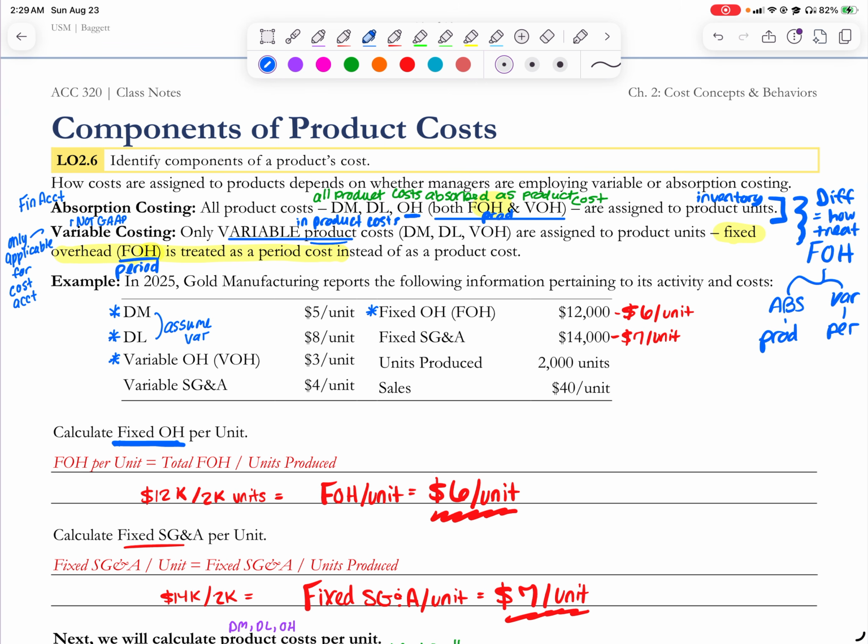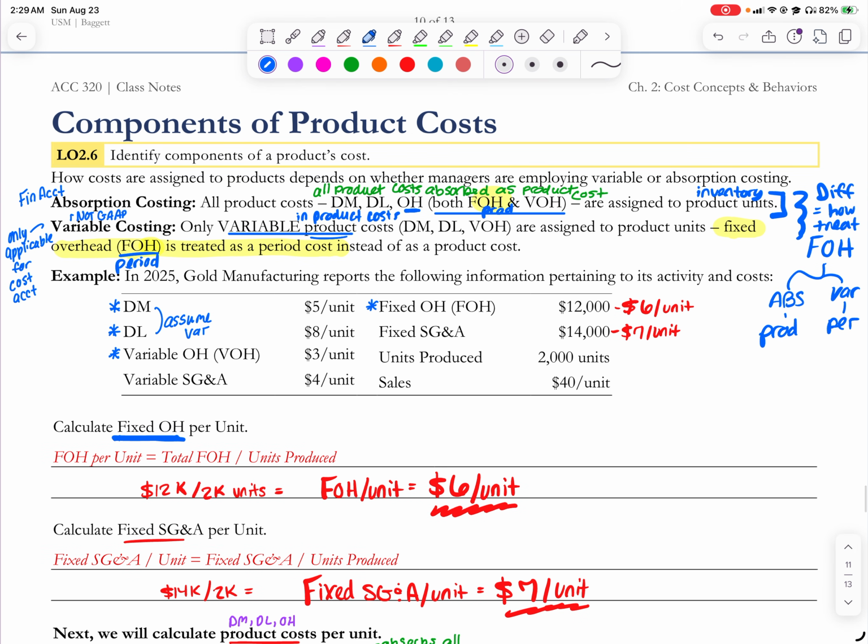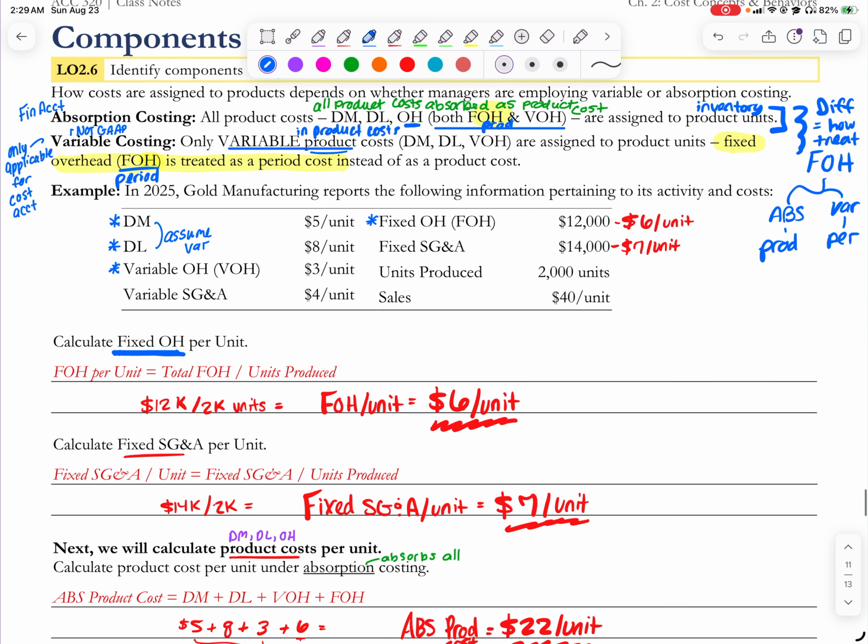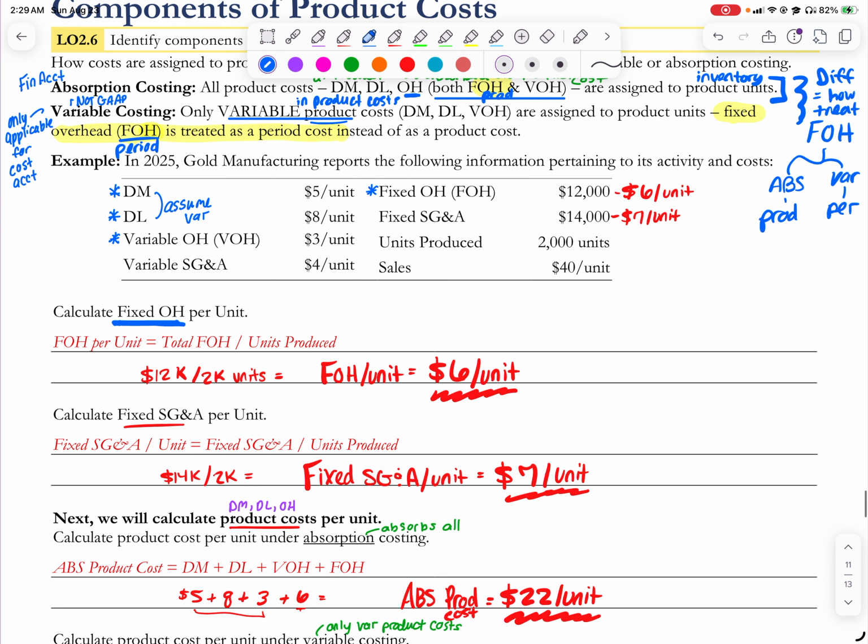Direct material almost always is. I can't really think of an instance where direct material wouldn't be variable. And particularly for manufacturers, a good deal of direct labor is safely assumed to be variable.